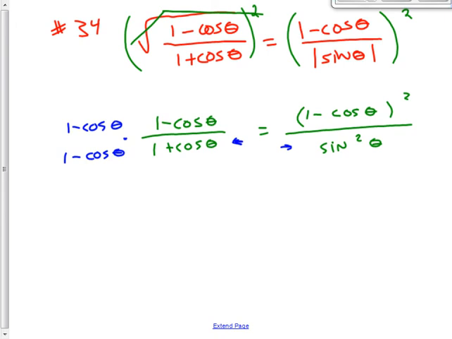On the bottom, when I multiply those two things, I get 1 minus cosine theta. I don't even have to multiply it out using FOIL. I can just say that it's squared because that's what I want on the right-hand side.